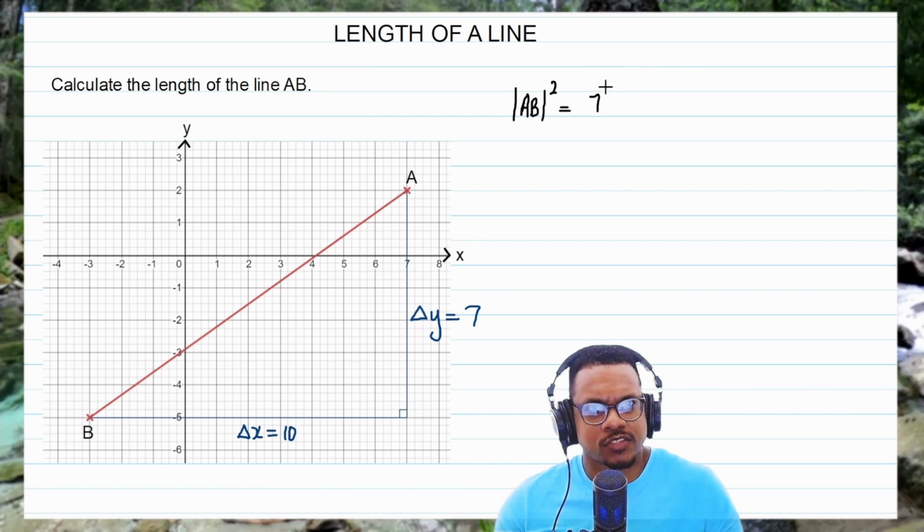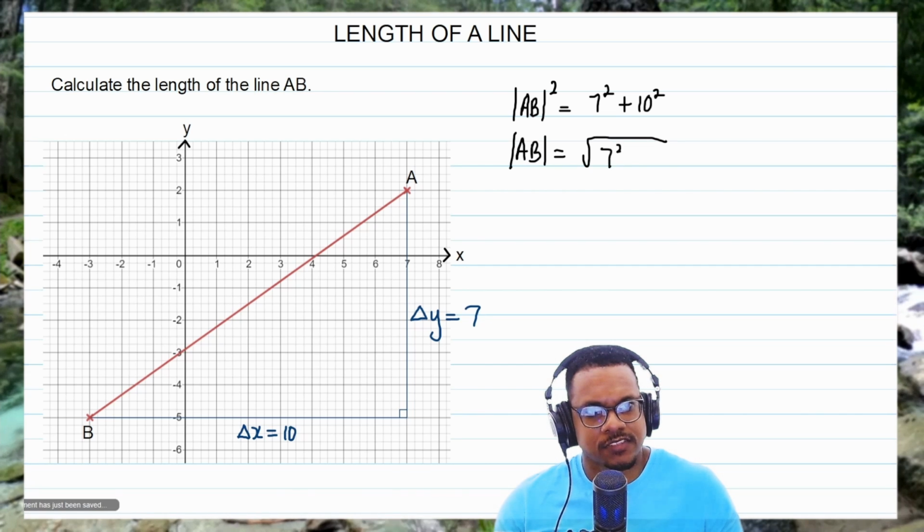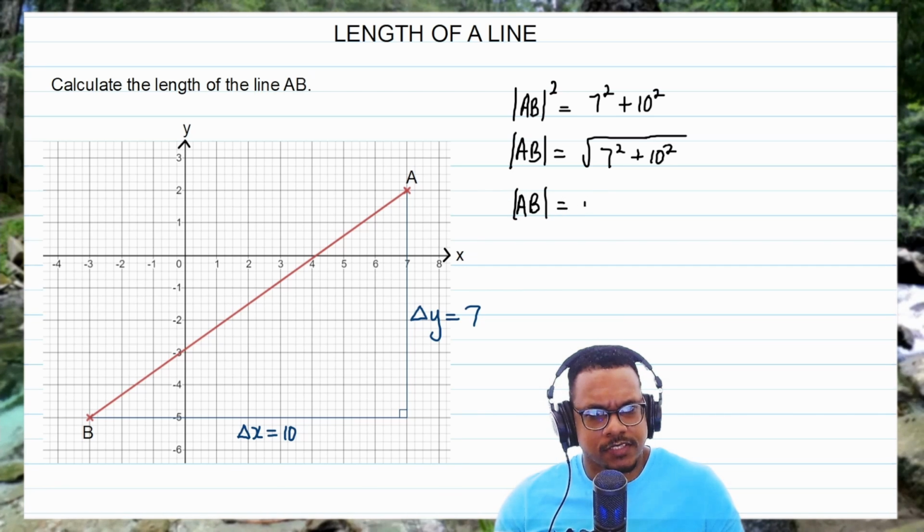So I'll have 7 squared plus 10 squared. Therefore the length of AB is equal to the square root of 7 squared plus 10 squared, which is the square root of 49 plus 100.